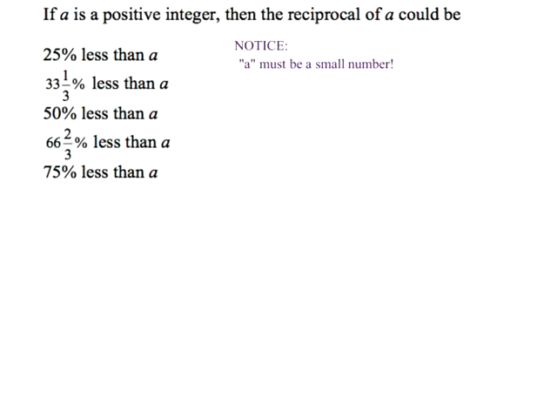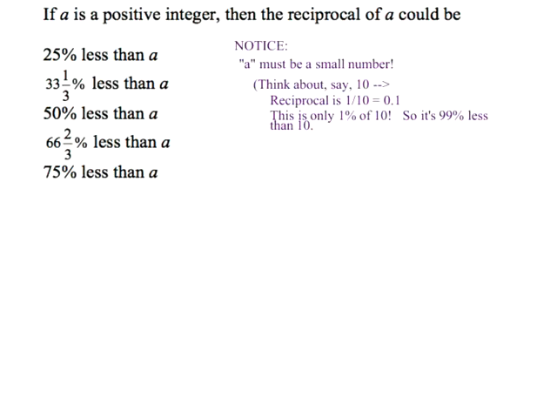Think about, say, 10. The reciprocal is 1/10, which is 0.1. This is only 1% of 10, so it's 99% less than 10.